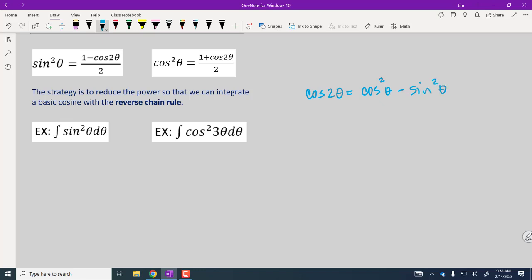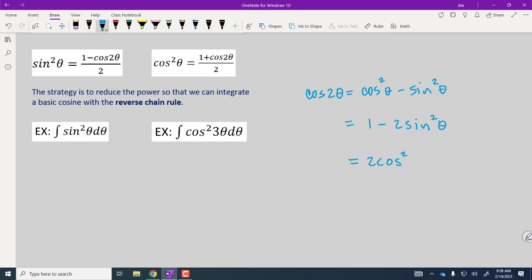That was the primary double angle for cosine, and then there were two alternatives. So this only really helps you if you know both sine and cosine. And so then you had these two alternatives where you replaced cosine squared with 1 minus sine squared, Pythagorean theorem, or you replace sine squared with 1 minus cosine squared.